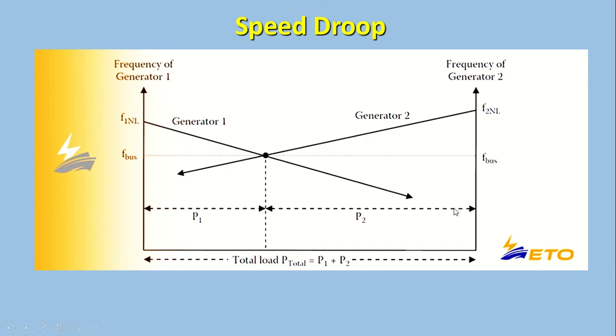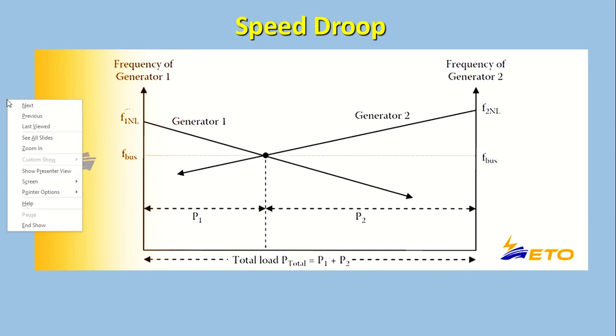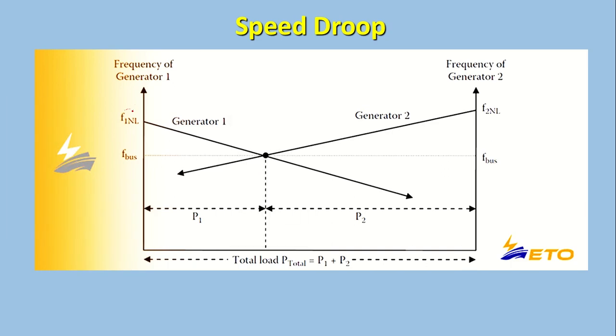If two generators are running in parallel, here we can see the number one generator no load frequency, and this is the number two generator no load frequency.